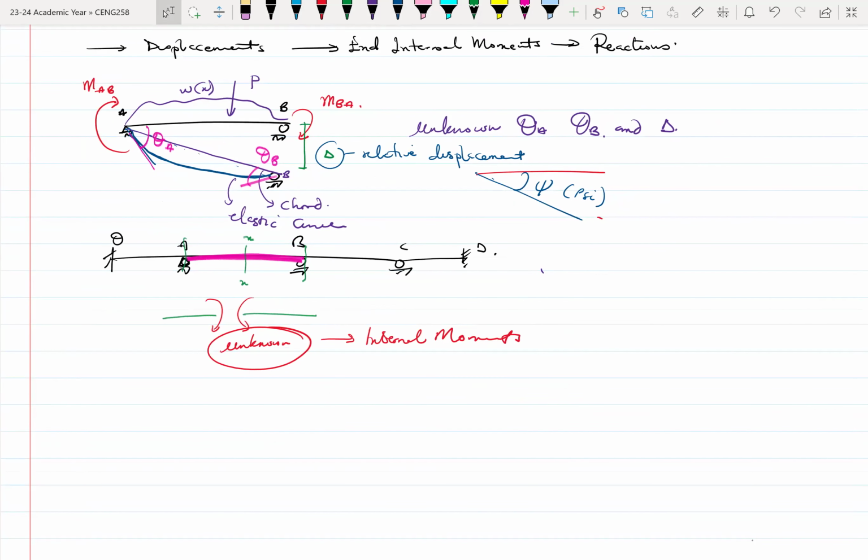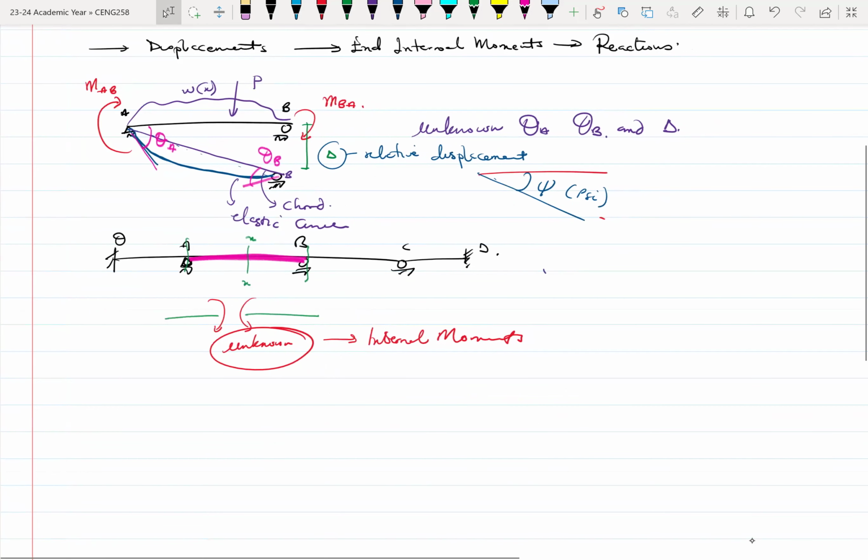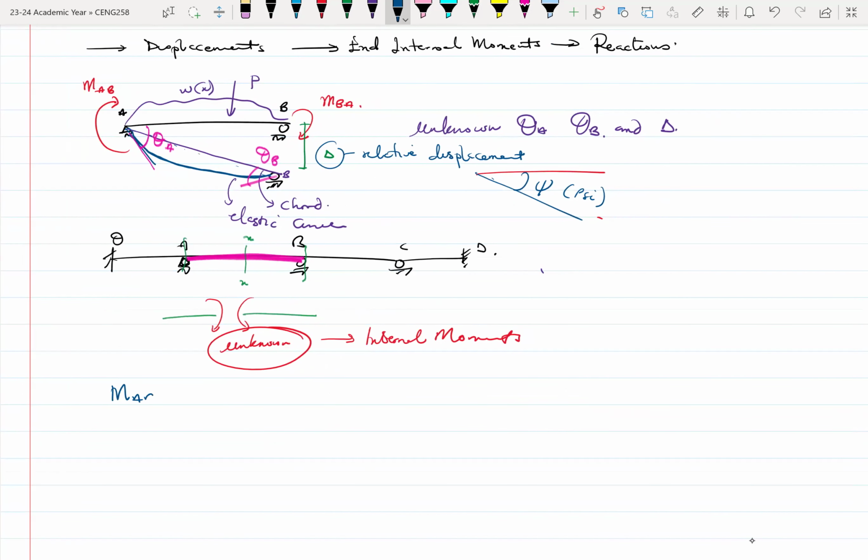Based on this arrangement, we are able to write the equation that MAB is 2EI over L times 2 theta A plus theta B minus 3 psi, plus the fixed end moment.